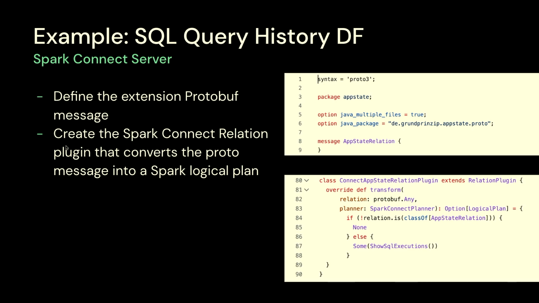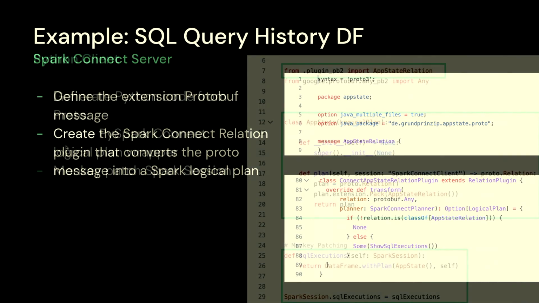When the planner observes that I have a protobuf any here, it tries to match: do I know any class that can deal with this kind of message type? All my plugin has to do is check, is this any type of my particular class relation, and then return an option of logical plan, and then I can just execute this.